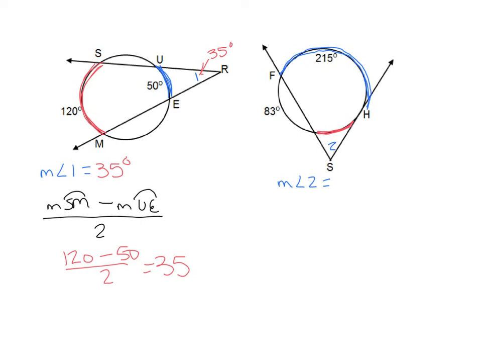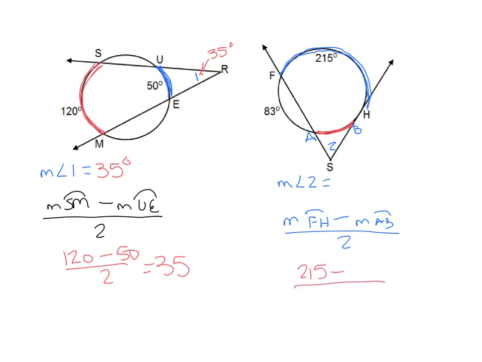Okay, now I have the measurement of arc FH is 215. And I'm going to add a letter here so you guys can kind of see where I'm going with this. So the measurement of arc FH, because that's the bigger one, minus the measurement of arc AB, then divide by 2.